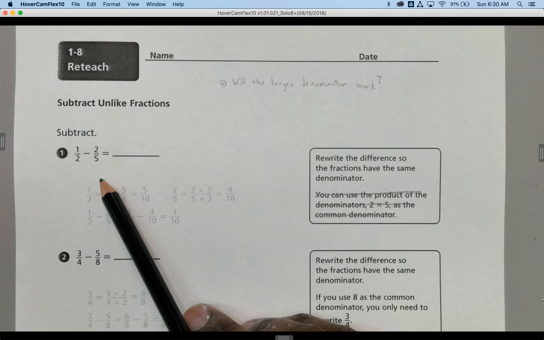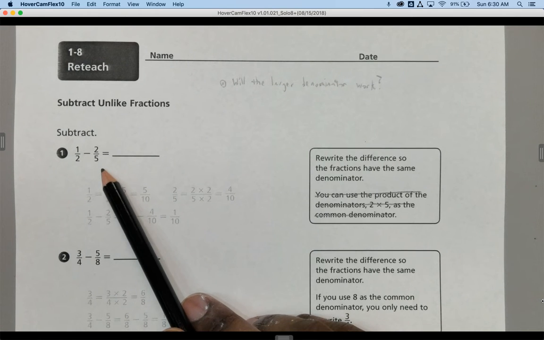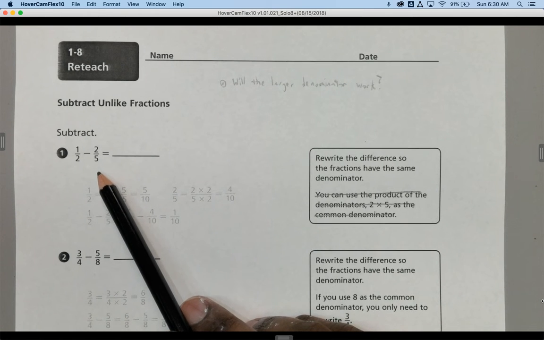But back to this problem. The first thing that we're checking, will the larger denominator work? The answer came up as no. So 5's out, but don't give up on 5, because next we're going to go through the multiples of this larger denominator until we find the first one that works.